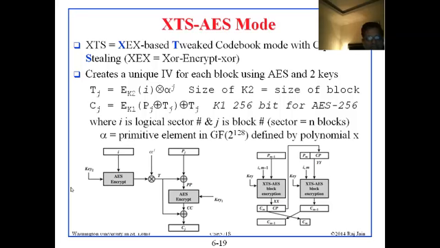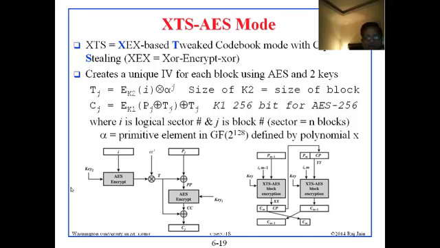AES is the encryption technique, and XTS is this whole thing about exclusive OR, encrypt, exclusive OR. You can see that Pj is exclusive OR with Tj, then encrypted, and then exclusive OR again with Tj. Okay, so that is the XEX based technique, and codebook is tweaked.